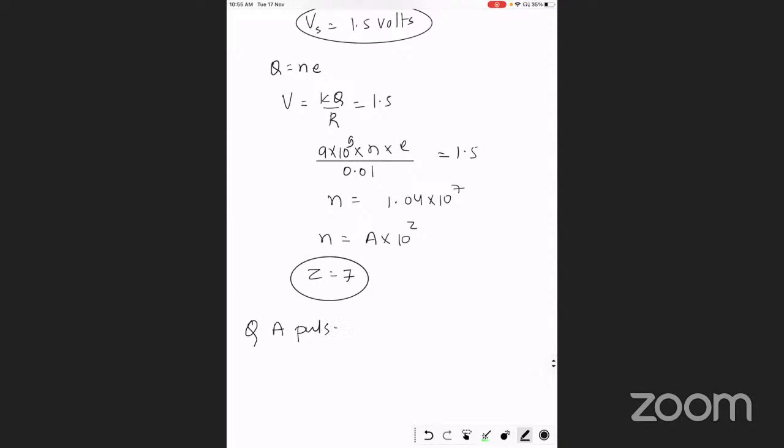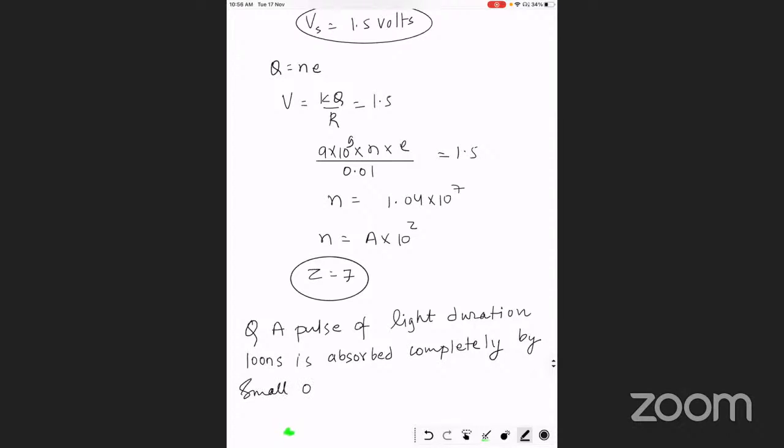A pulse of light of duration 100 nanosecond is absorbed completely by a small object initially at rest.